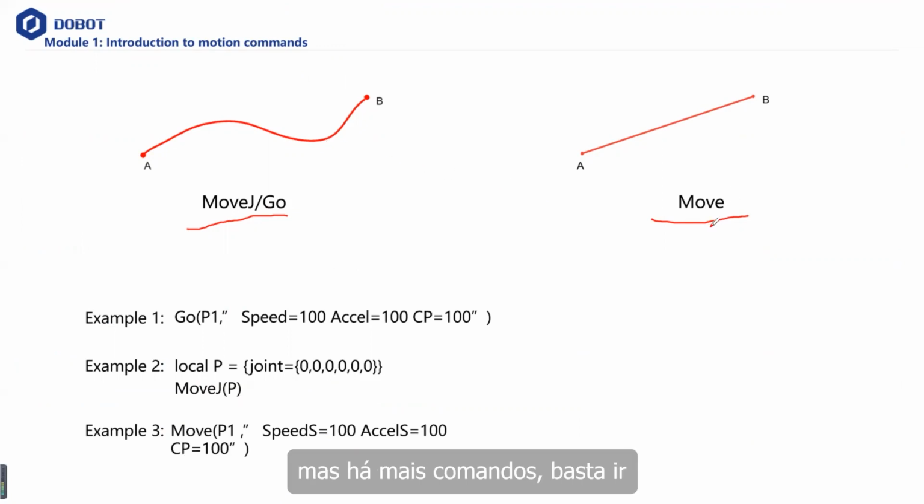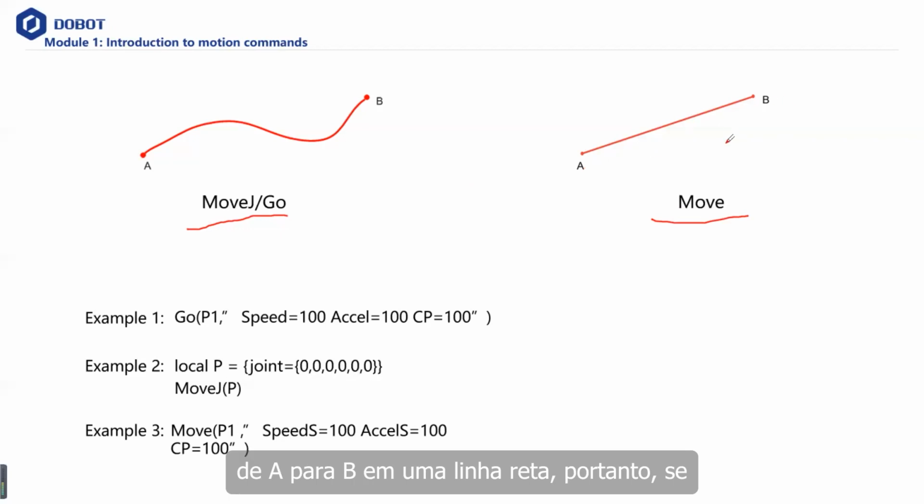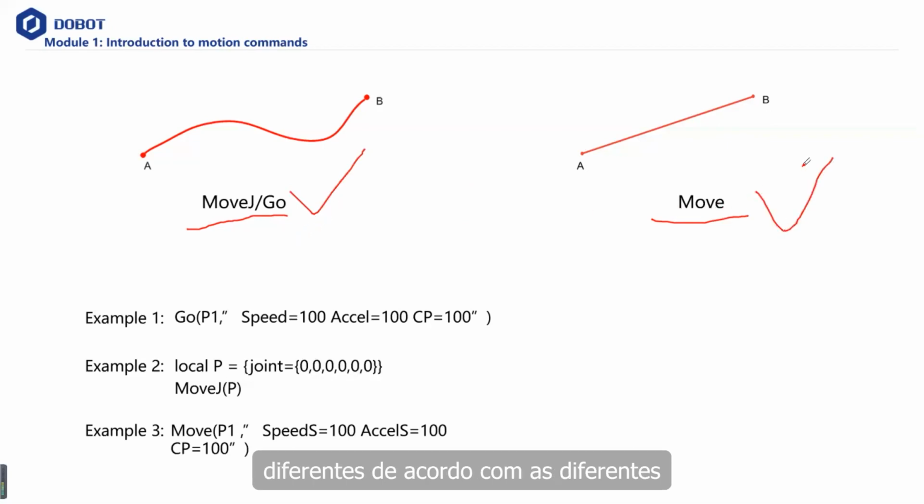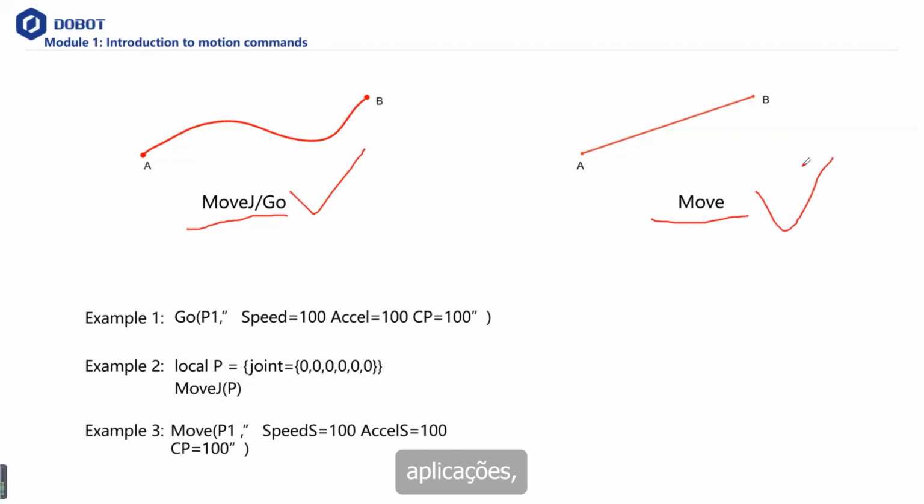But with the Move command, it just goes from A to B in a straight line. So if your application requires the robot to go in a straight line, use the Move command. But for others, you are recommended to use MoveJ and Go. You can choose the different ones according to different applications.